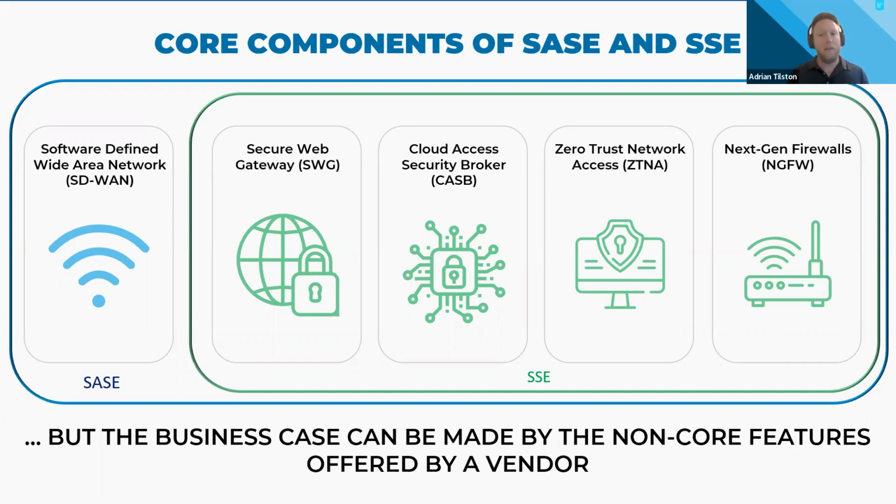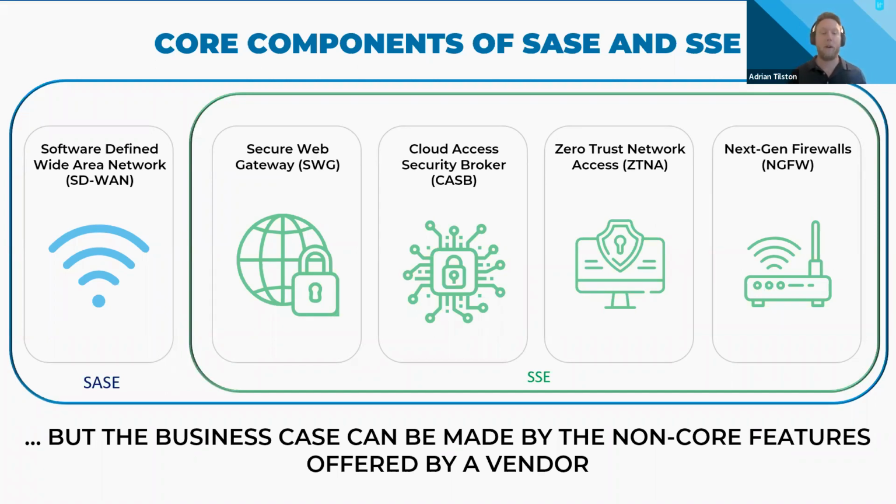At the end of the day, the business case here, and something that we haven't really discussed even in webinar number 2, is that the real benefits can become a lot more compelling if you're also integrating these SASE core components with a vendor that has some of the ancillary benefits.